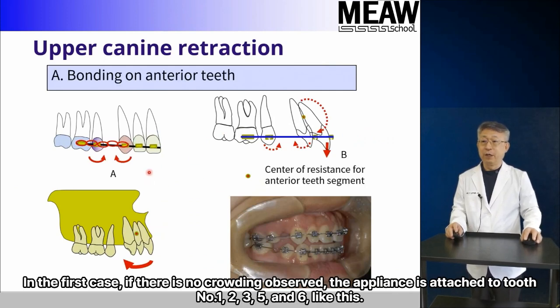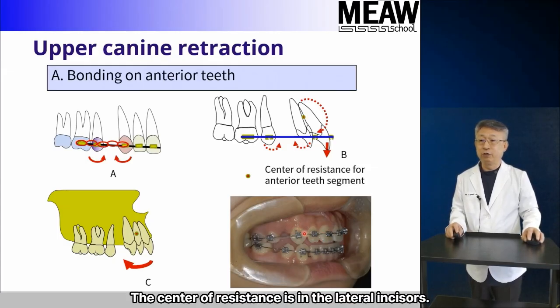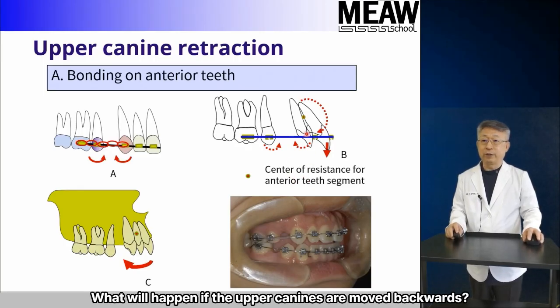In the first case, if there is no crowding observed, the appliance is attached to tooth number 1, 2, 3, 5, and 6 like this. The center of resistance is in the lateral incisors. What will happen if the upper canines are moved backwards?